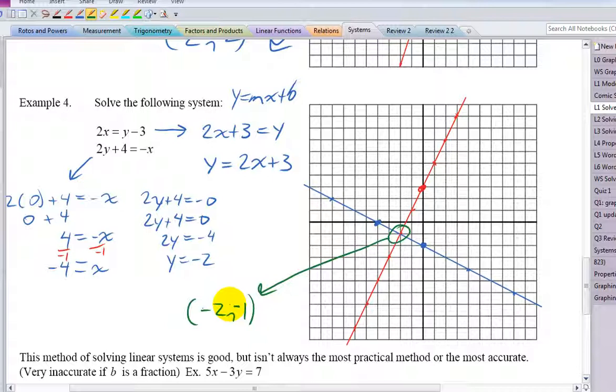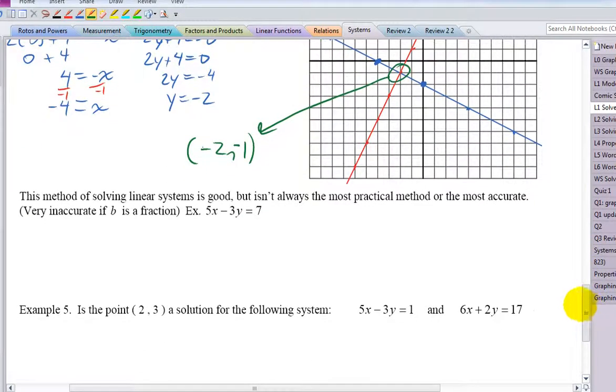We're good? Okay. Now, this one's really good, but it's not always practical or accurate. For example, if your intercept is a fraction. So here we get -3y equals -5x plus 7. So y equals positive 5/3 x, because of our two negative signs, minus 7/3.